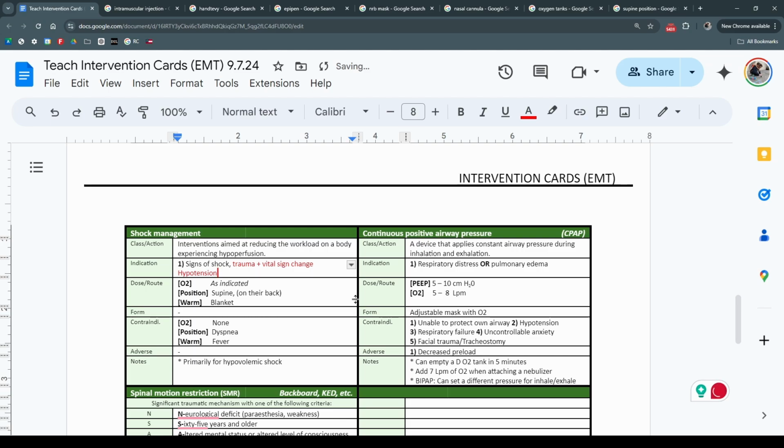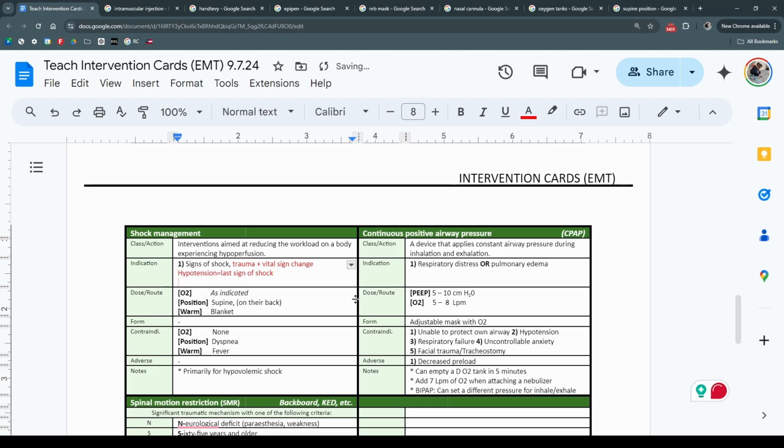The reason why I'm somewhat hesitant to mention hypotension is because hypotension is perhaps the last sign of shock. There are a million different signs for shock. One of the earliest, easiest signs would be altered mental status, specifically anxiety. One of the other most common early ones is tachycardia and tachypnea, right?